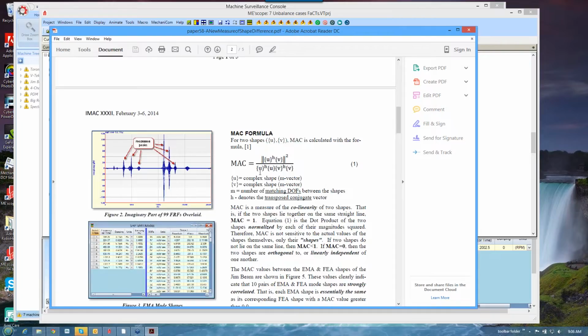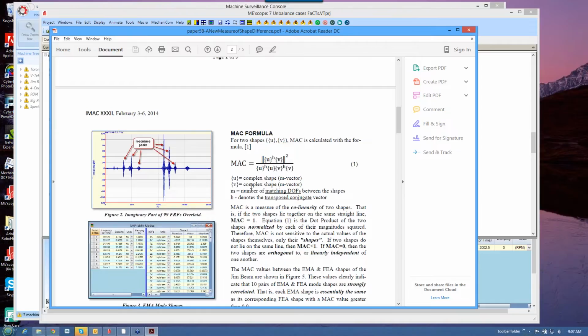And the bottom is simply the magnitude squared, and so we're normalizing the values of the dot product by the length of each of the vectors. So that's how the answer always comes out between 0 and 1. If the shapes are the same, you can kind of see from the formula that the numerator and denominator are going to be the same, and so we get an answer of 1. If the shapes are different, the dot product is going to be a number less than 1.